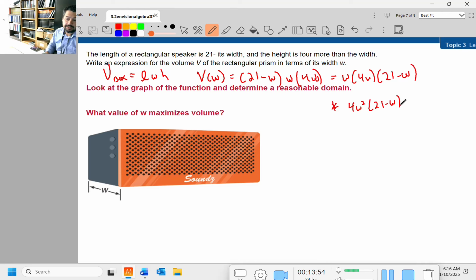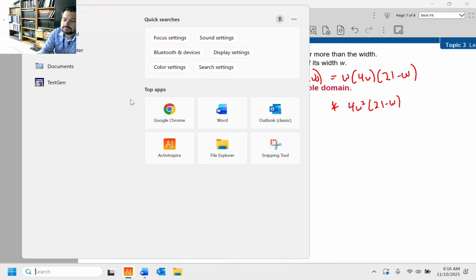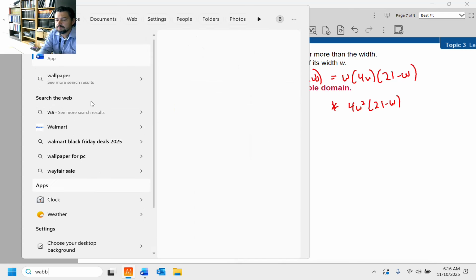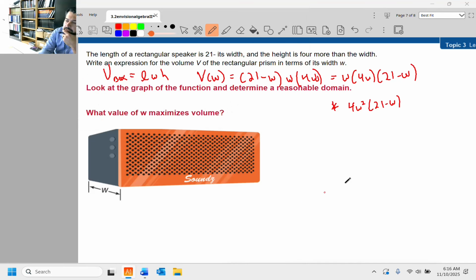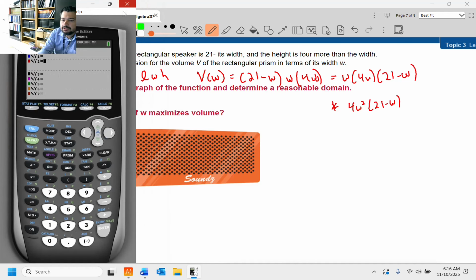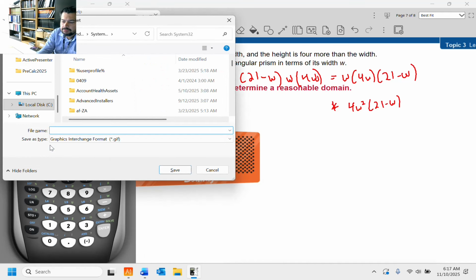So obviously you're going to have to go to y equals here, right? I'm going to type in this one here. Now, instead of a w, we shall use the x key. So I've got x on y, I'm in y2.